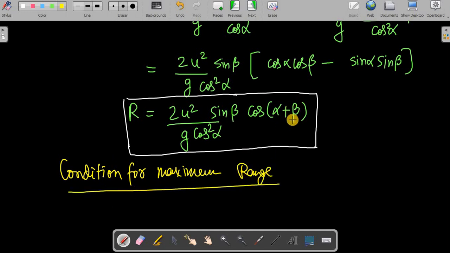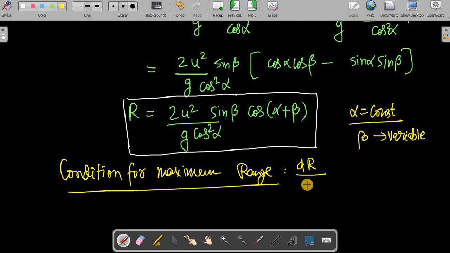Maximum range condition, if you consider, then you can differentiate dR by, let's say, only variable is beta, because alpha you take as constant. Alpha is constant, beta is variable. So what you can do is you can differentiate dR with respect to beta.